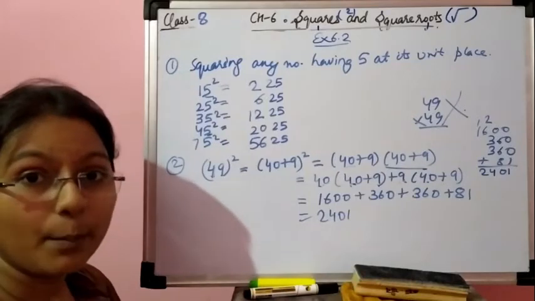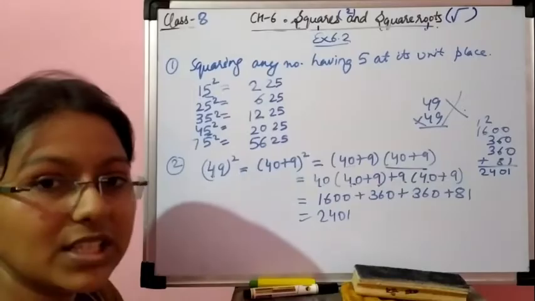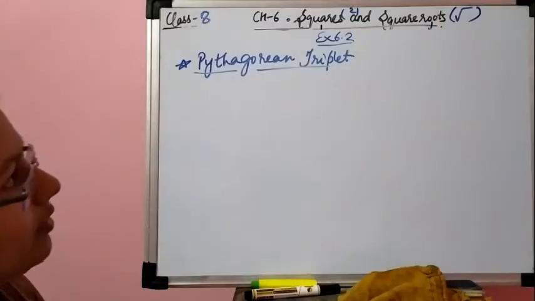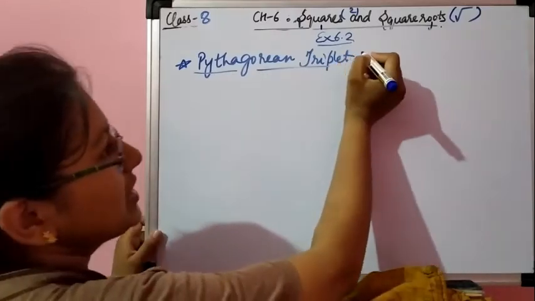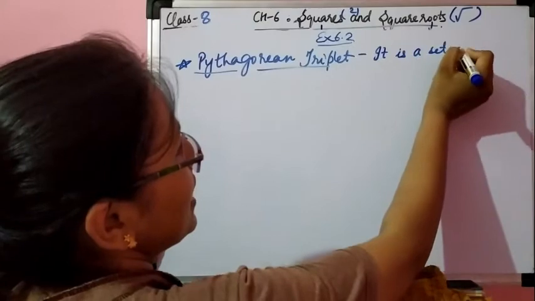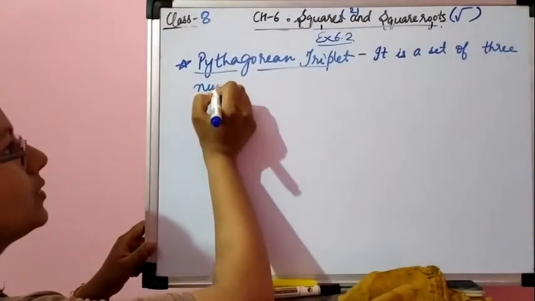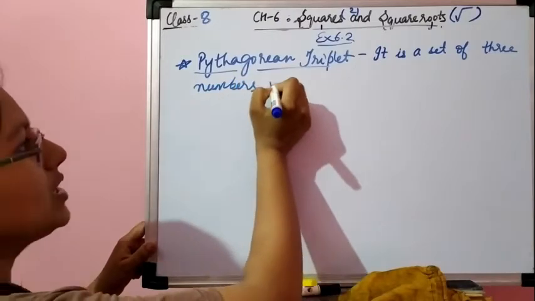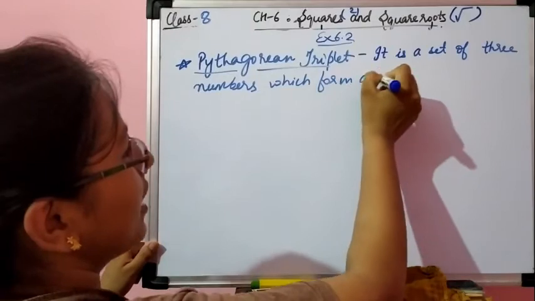Now next is Pythagorean triplet, which is the most important topic of this chapter. Let me explain what Pythagorean triplets are. First, it is a set of three numbers which form a right angle triangle.